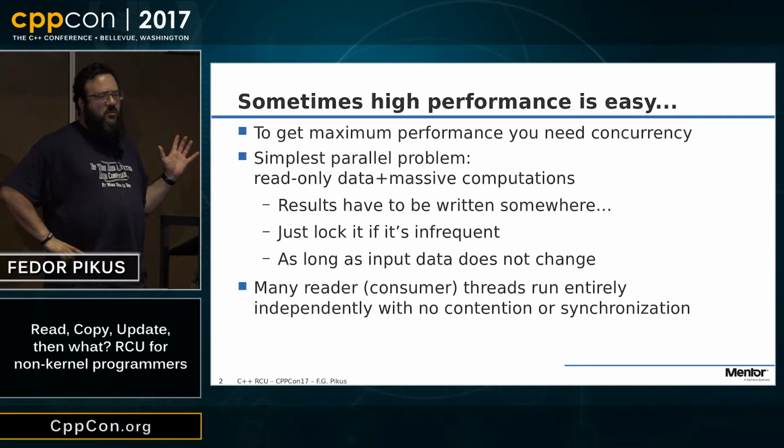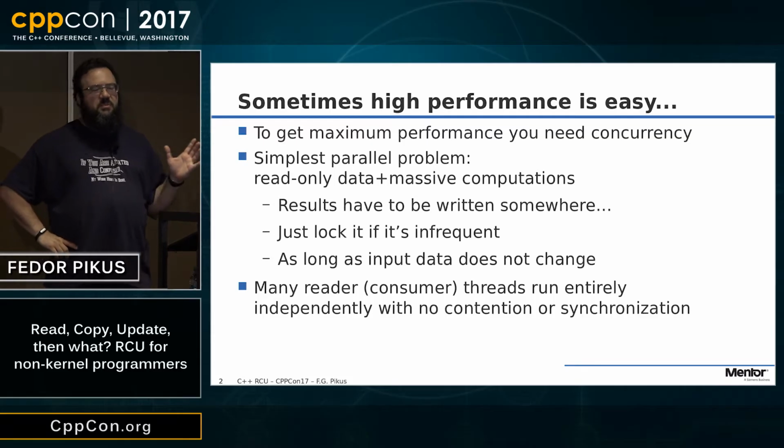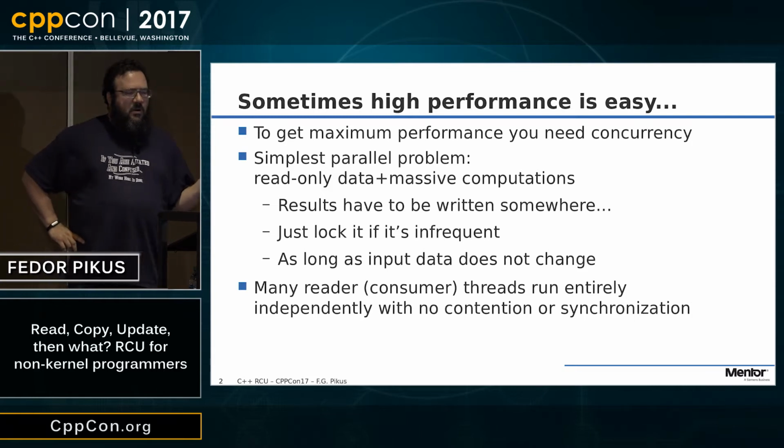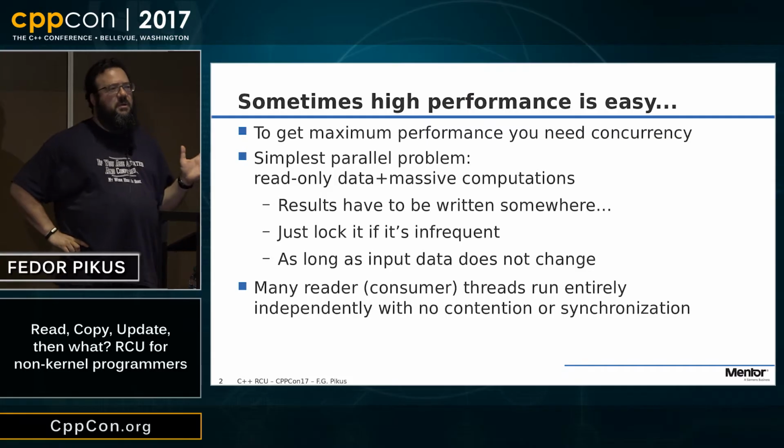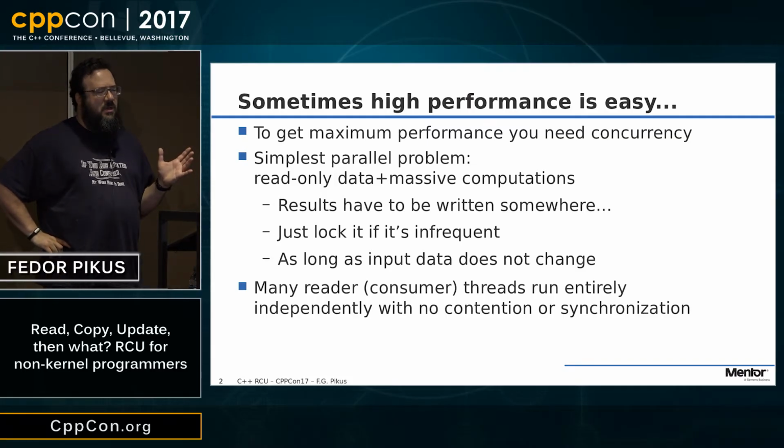So the starting point is we want high performance. For high performance, we need effective utilization of our processor resources, which means often we need concurrency to keep all of these cores busy. Now, sometimes you are lucky and you get it easy and you have read-only data and a lot of computation that you do on it.